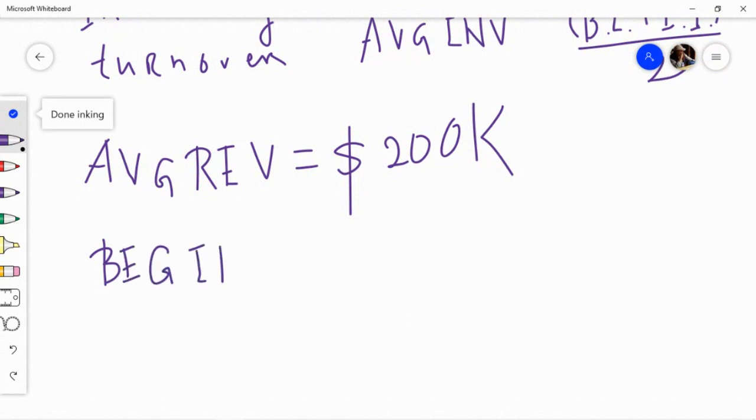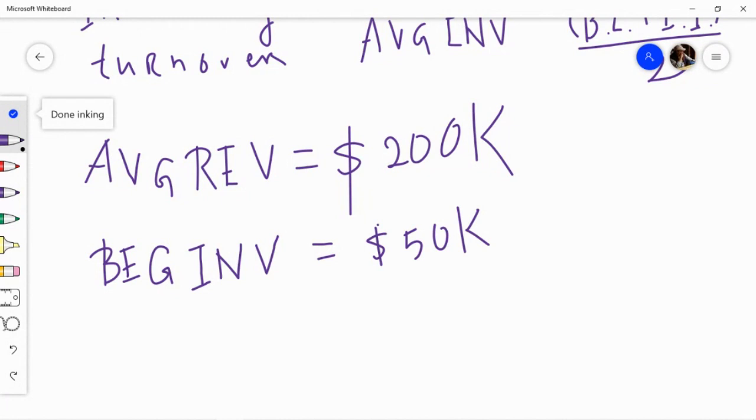And what is beginning inventory? Beginning inventory is, let's say, 50K. That's the inventory that you already had when you start this month.